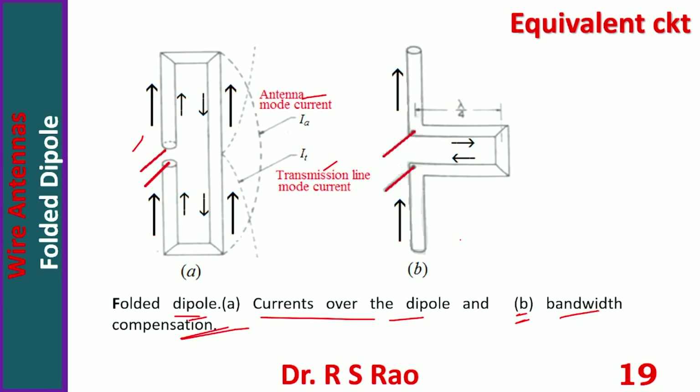What is bandwidth compensation? Inherently, folded dipoles are broadband in nature. This broad bandwidth can further be increased by adopting certain techniques. These techniques are called bandwidth compensation techniques. So, bandwidth compensation means enhancing the bandwidth of the dipole antenna.